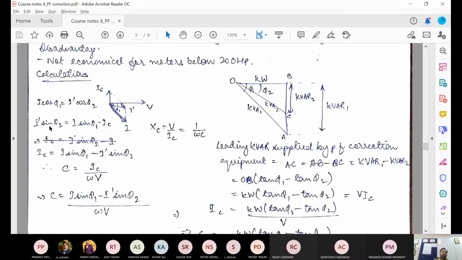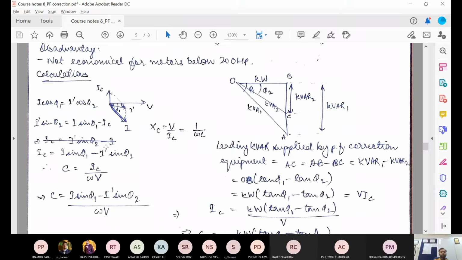So the net reactive component now is I dash sine phi 2, which is expressed as I sine phi 1 minus IC. So from this, if you transpose this second equation, you can write IC is equal to I sine phi 1 minus I dash sine phi 2.